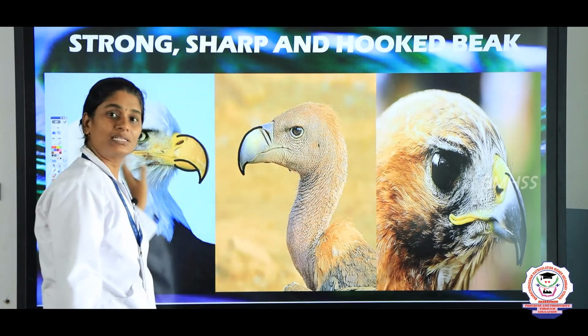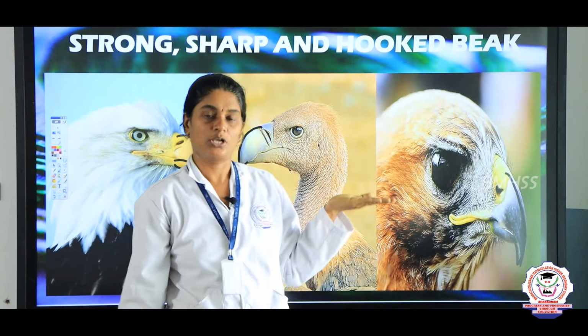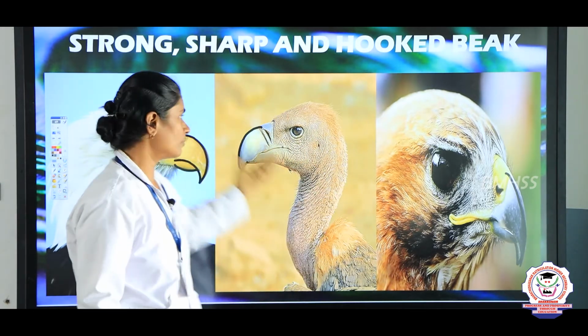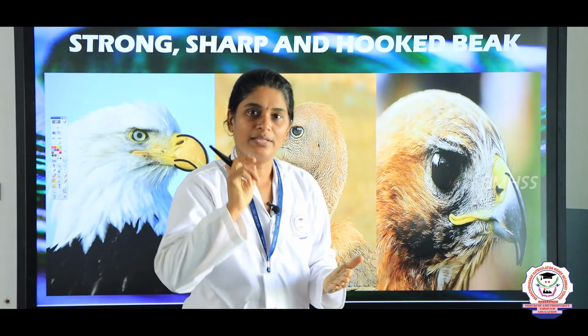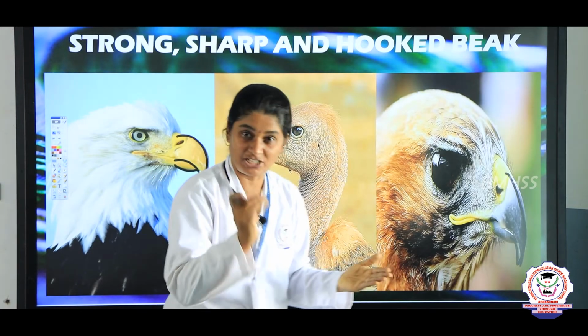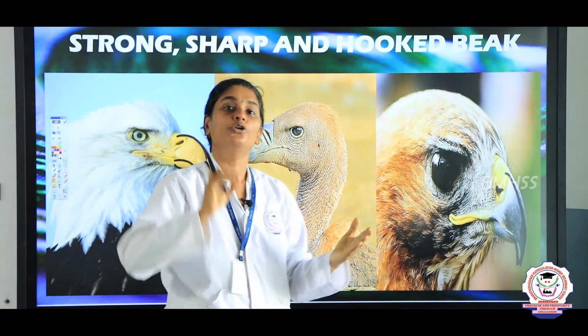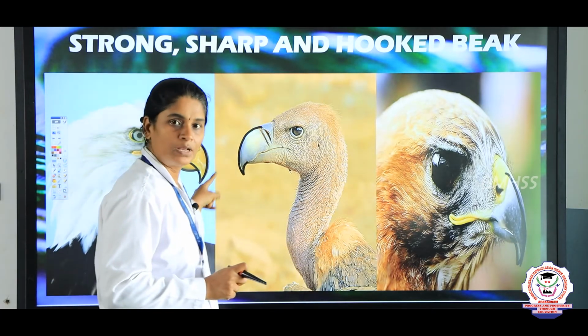Why? Because these birds eat the flesh of other animals. You can see an eagle or vulture or a kite or a hawk, what they do, they eat rats or small animals, right, the flesh of animals. So to tear the flesh, they have a beak which is very sharp like a hook.